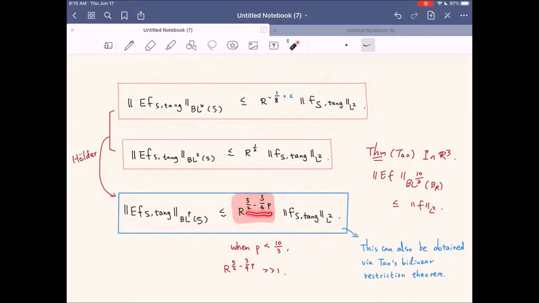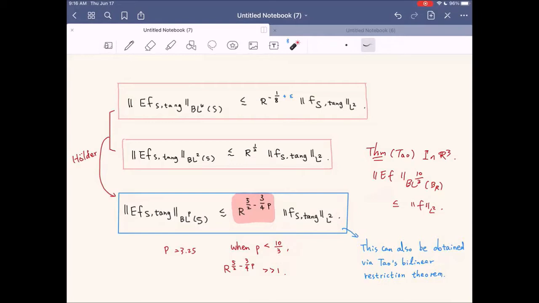The precise exponent is not very important, but you see when P equals 10 over 3, this is 0. So this has the same strength as if we apply Tao's bilinear restriction theorem here. But now we are interested in P equals 3.25, which is smaller than this exponent.